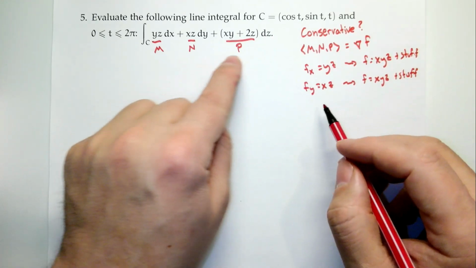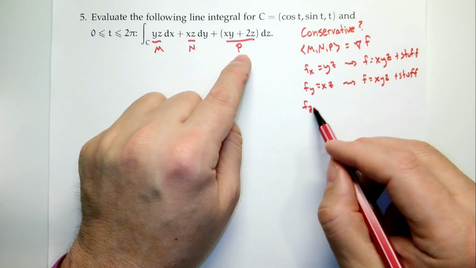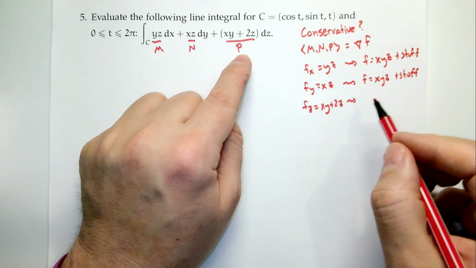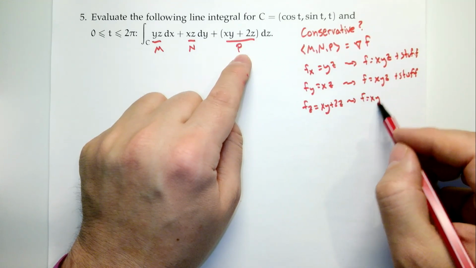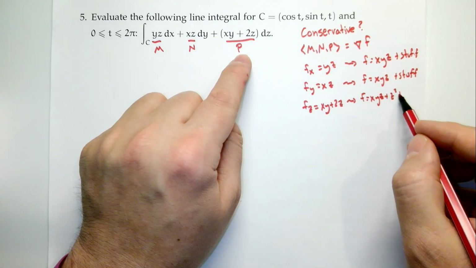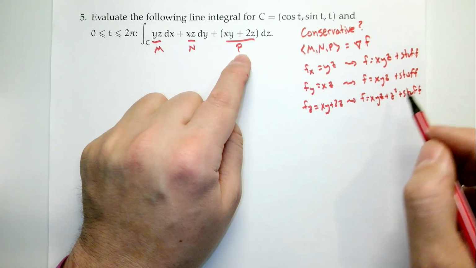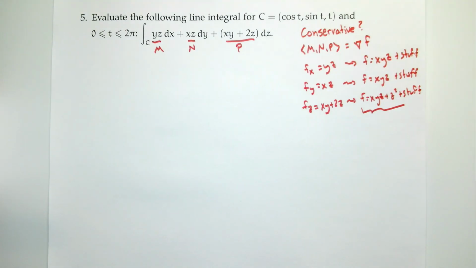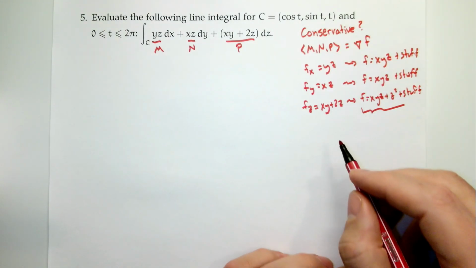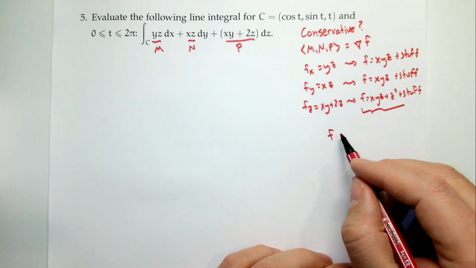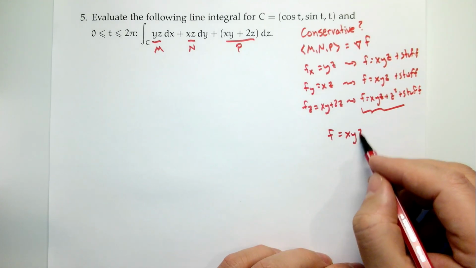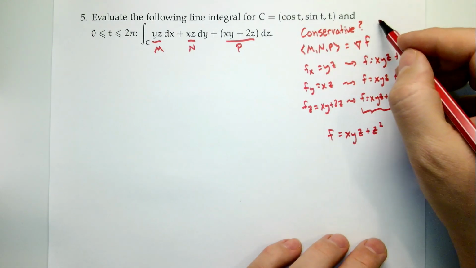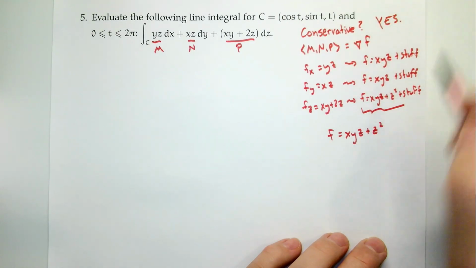And here, f sub z is xy plus 2z, which says f is xyz plus z squared plus stuff. And now we can examine our various potential functions and say, aha, we can use the function xyz plus z squared. It is conservative, yes, because we found a potential.